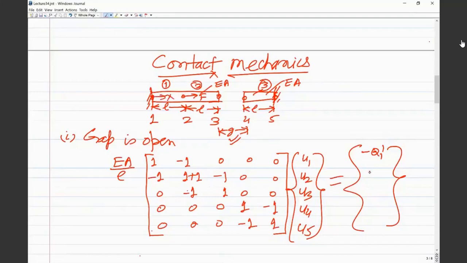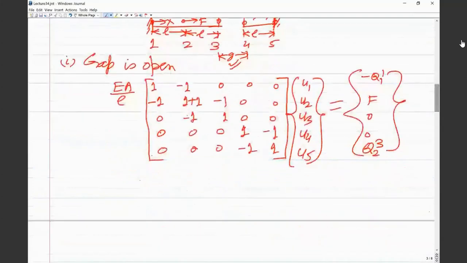At node 2 there is a concentrated force F. At node 3 and 4 there are no forces if the gap is open. And at node 5 again there would be a support reaction. So this is the assembled system.